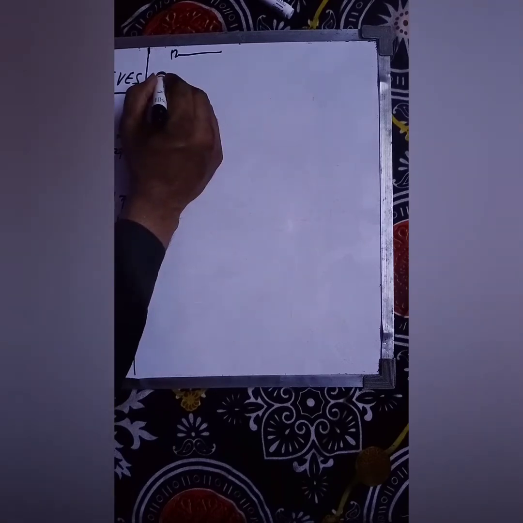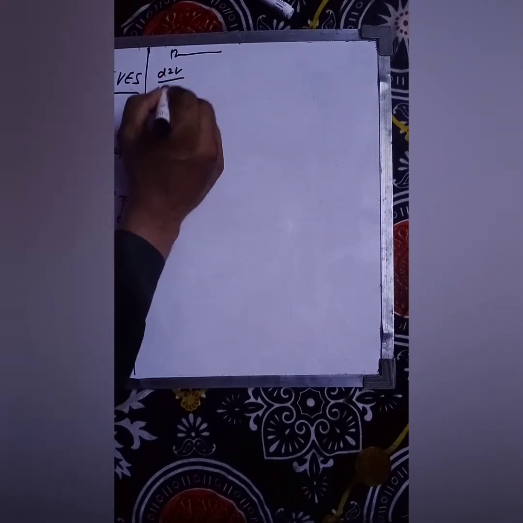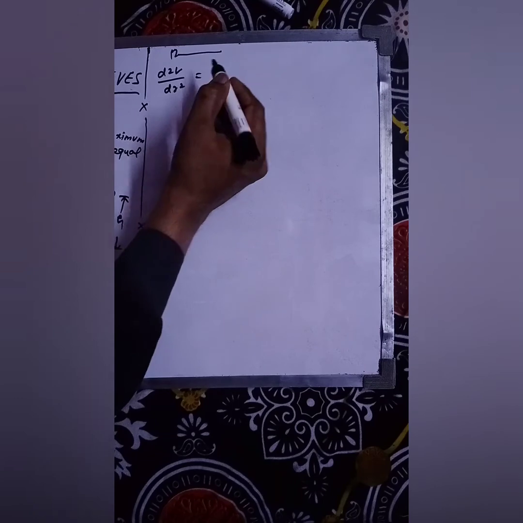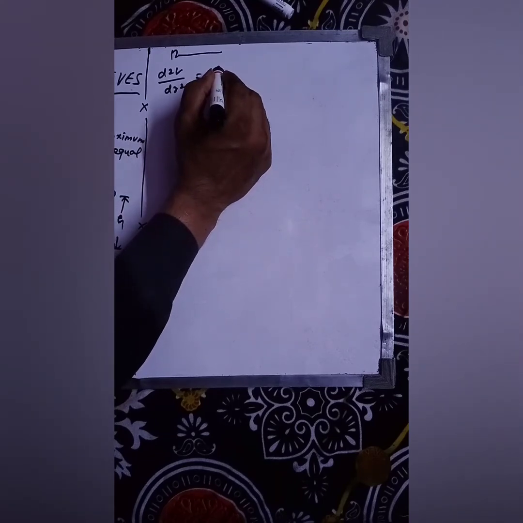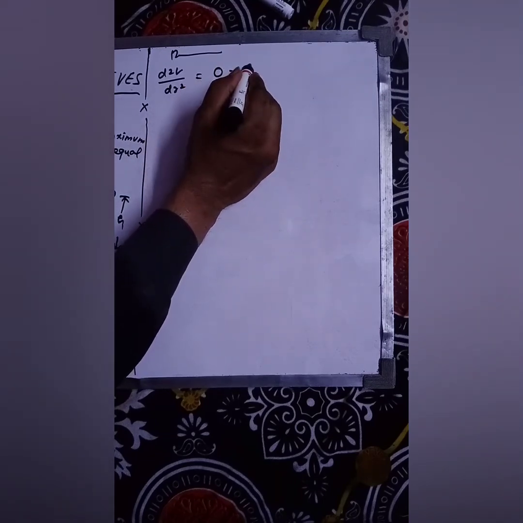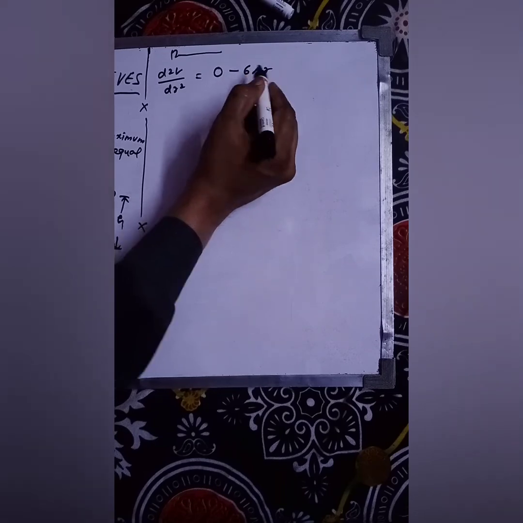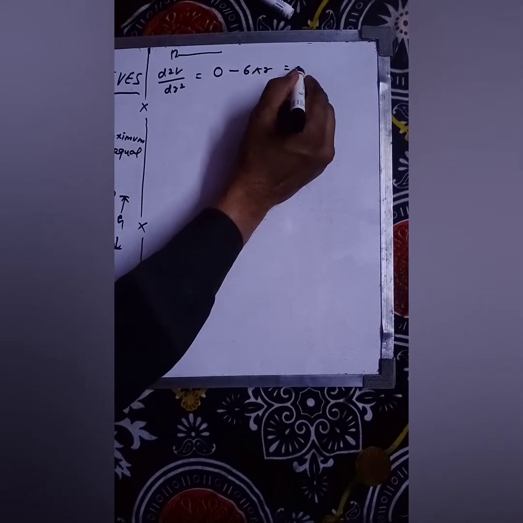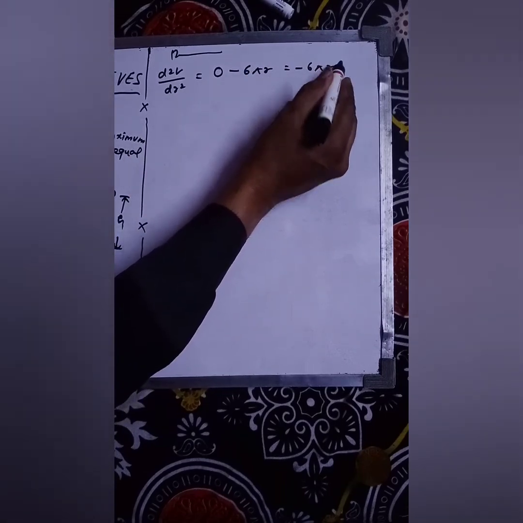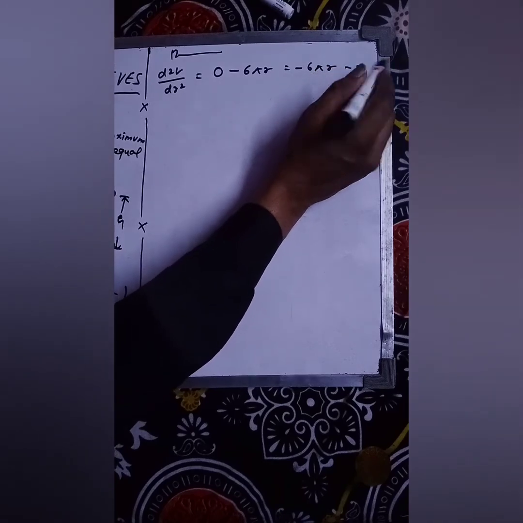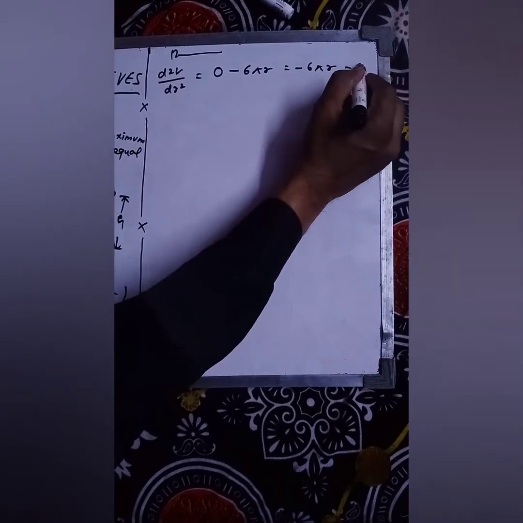You have to write this statement, and this would be S by 2, whose derivative is 0, minus 6 pi r. So the double derivative is minus 6 pi r. This is your equation number 3.